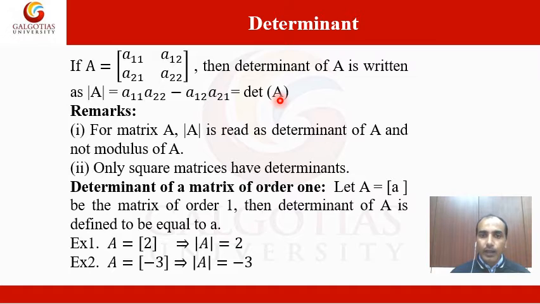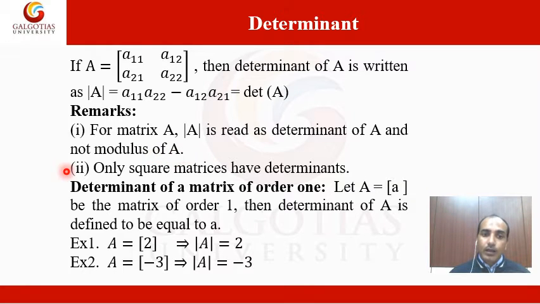So by the definition, every square matrix is associated with a unique number, and this unique number is known as the determinant of A. Some remarks: first, for the matrix A, this is read as the determinant of A, not the absolute value of A or modulus of A.